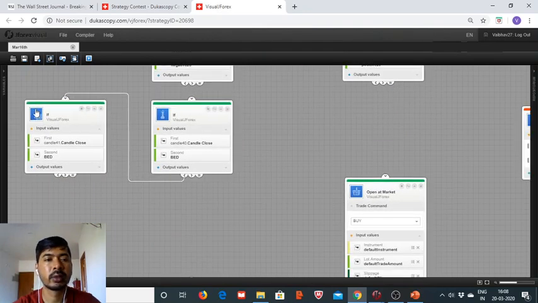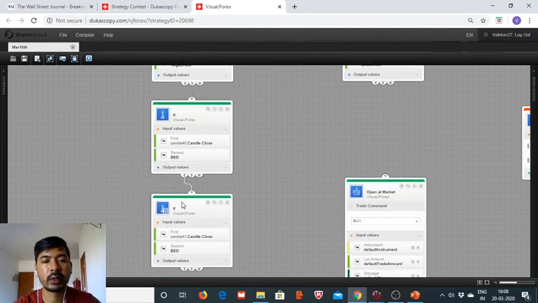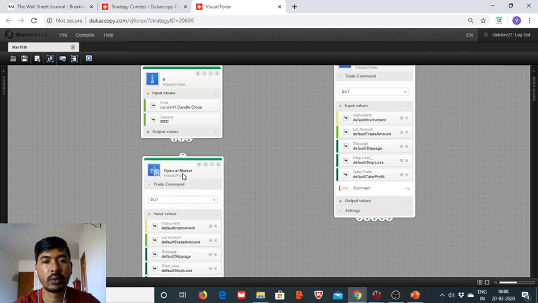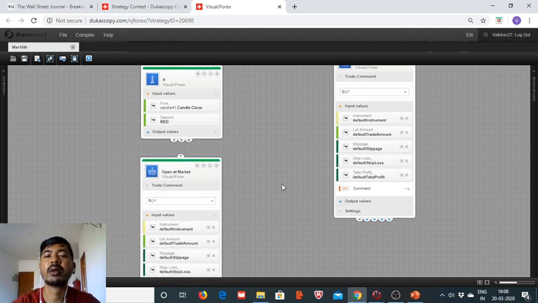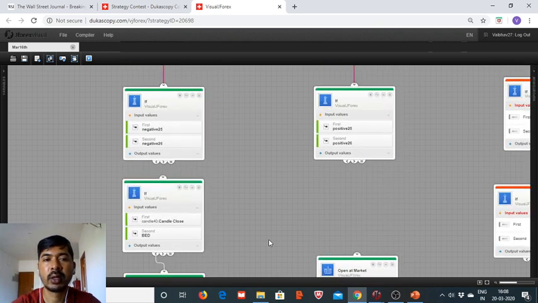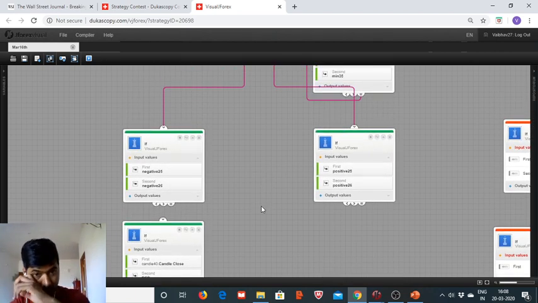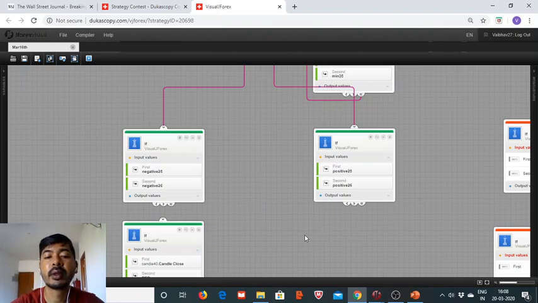And this is it. Now we bring in the buy condition, open at market. So here is the setup, and we needed the negative values to be rising.